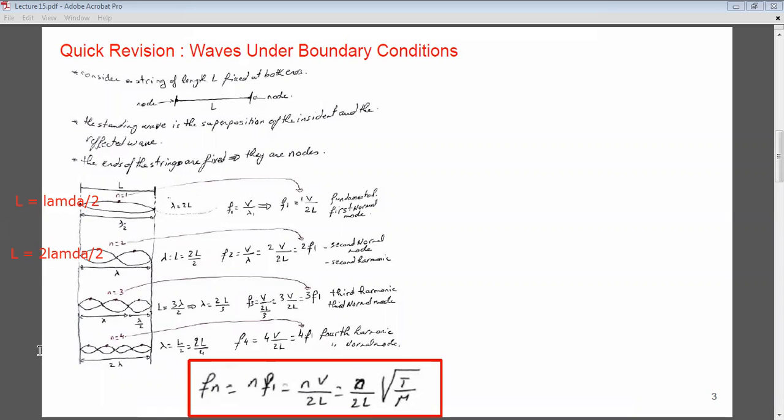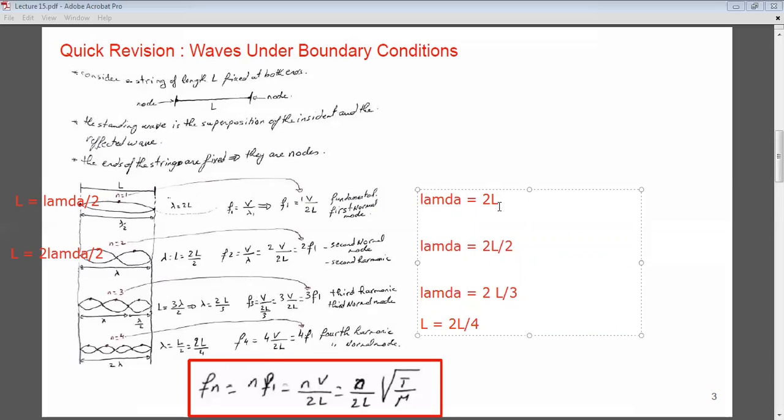So in this case, L is equal to lambda, or L is 3 lambda over 2, or L is 4 lambda over 2. If I transfer this, I will find that lambda is equal to 2L over 1, or lambda is equal to 2L over 2, or lambda is equal to 2L over 3, or 2L over 4.